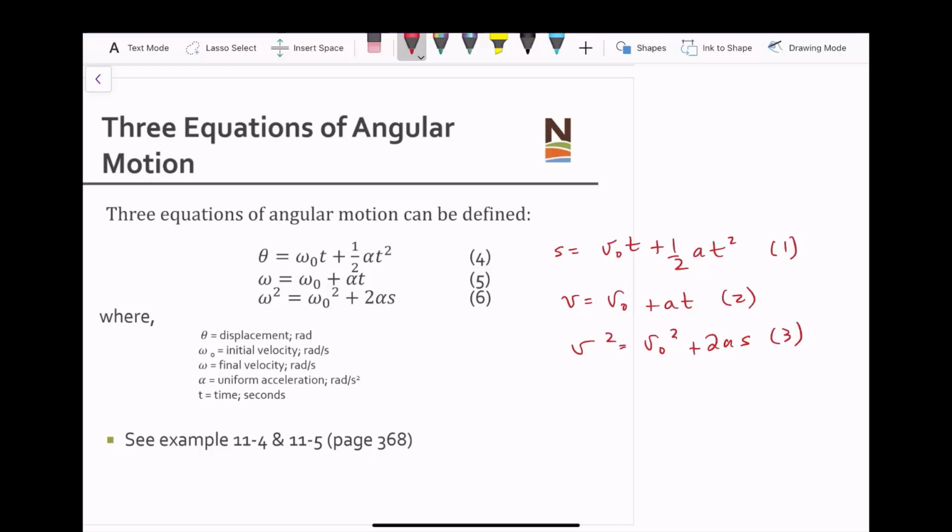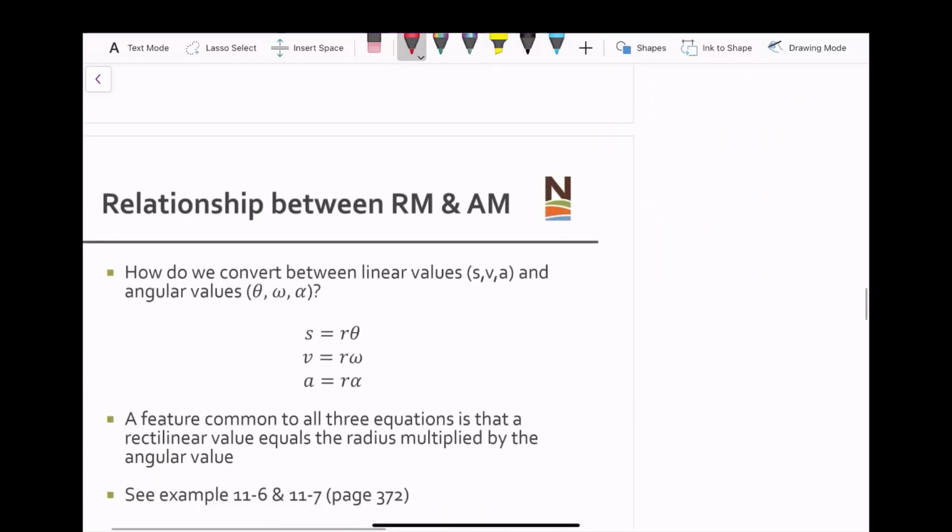So please make sure you know what the equivalent symbols are going from linear motion to angular motion. I like to go ahead and show the next slide because that helps show the conversion between the two, which will be very, very helpful as we start going through these practice problems.